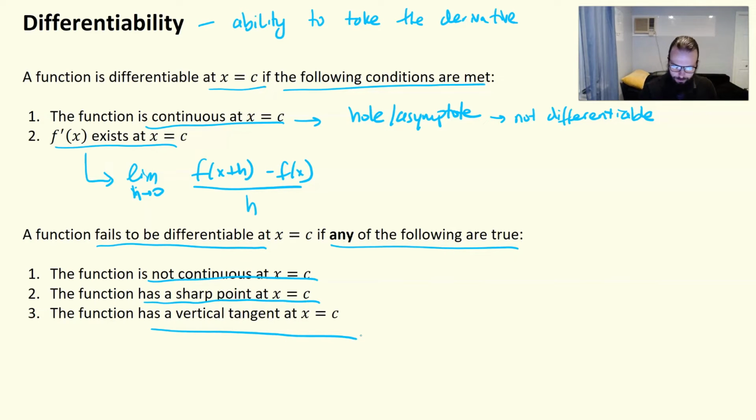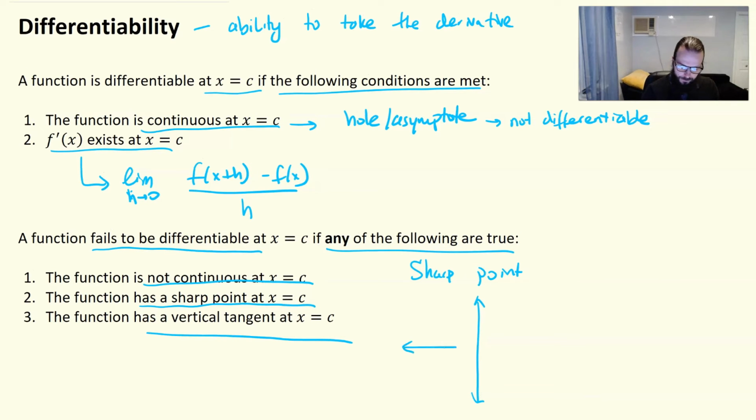So let's talk about the sharp point here. Let's say we take the absolute value function, for instance. A very simple example. Remember that the definition of the derivative is the slope of the line tangent at this point.